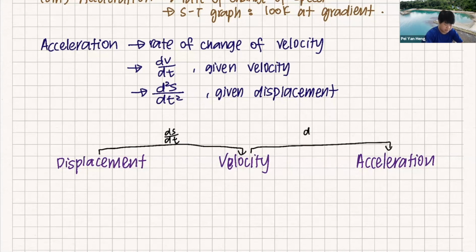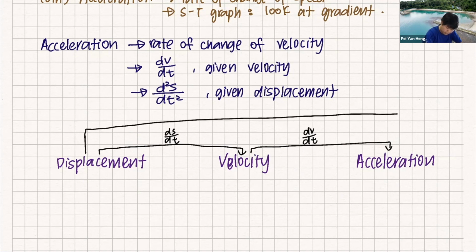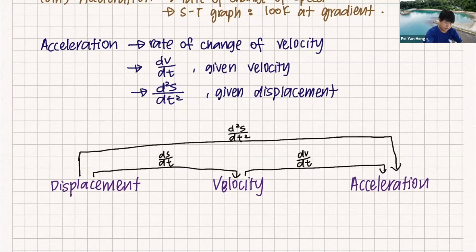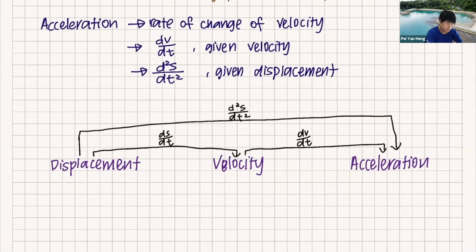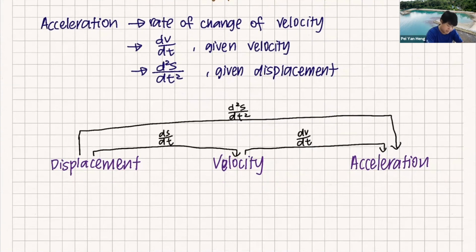From displacement to velocity, we find ds/dt, the first derivative, and from velocity to acceleration, it's dv/dt. So you differentiate once, and then differentiate again, so you are actually doing two differentiations. In short, to jump from displacement to acceleration, the function will be d2s over dt squared. That's it for acceleration.